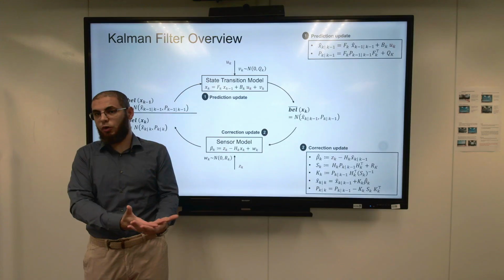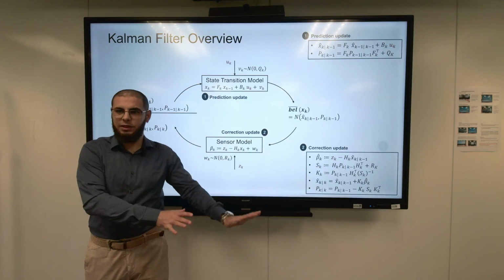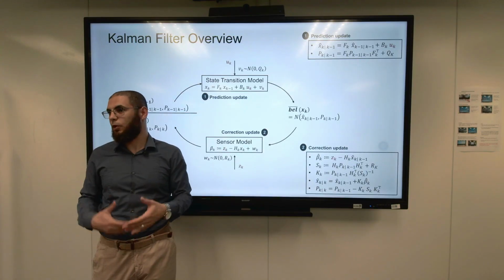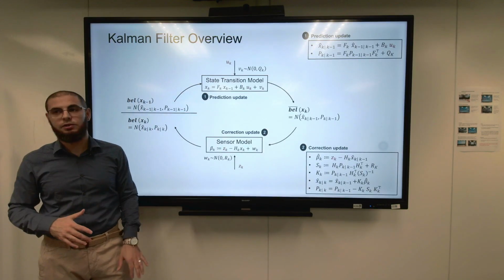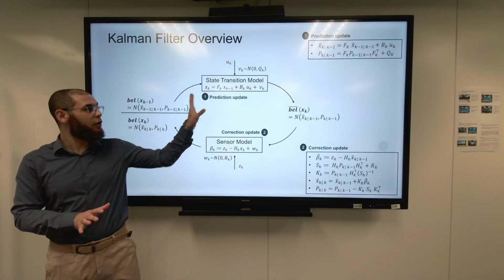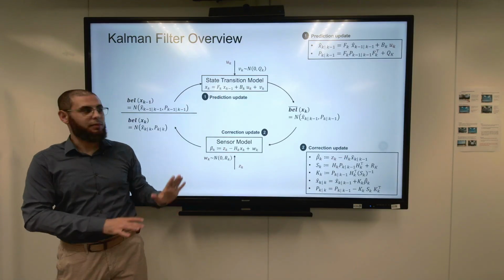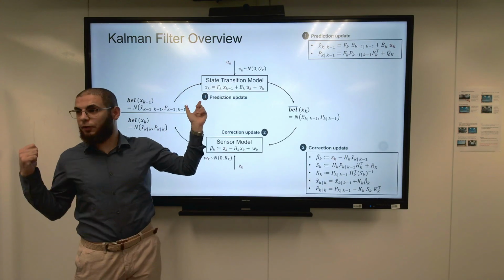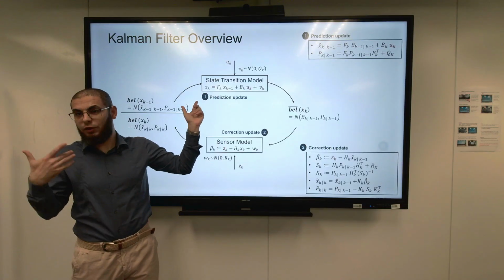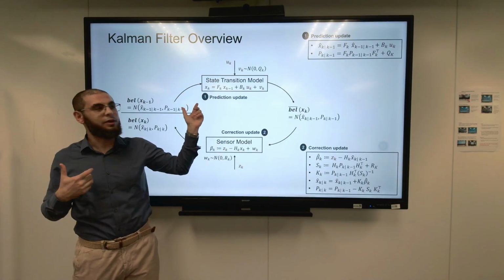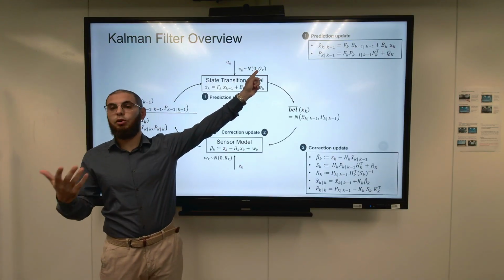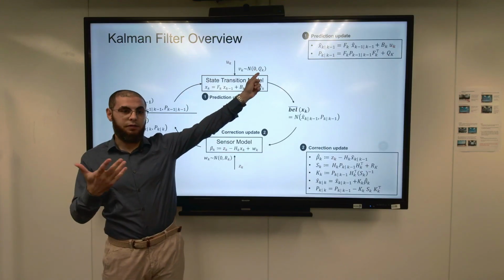It depends, of course, on the problem. We saw, for example, the 1D problem and the 2D problem. The f looked different, because it depends on the problem and how many sensors you're using and what type of sensors and so on. So all of these matrices are problem specific, but the algorithm is general. The f and the b we got from the mathematical model that we made for our system, and the q comes from our knowledge about the noise of the input.